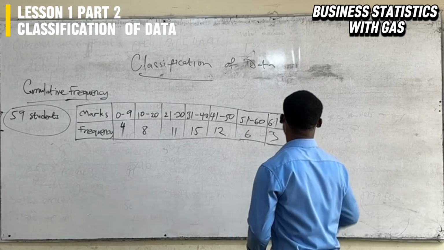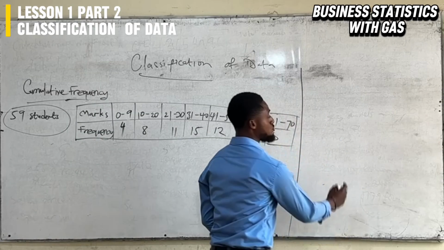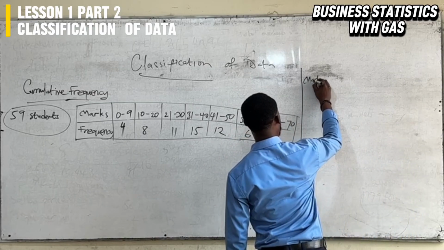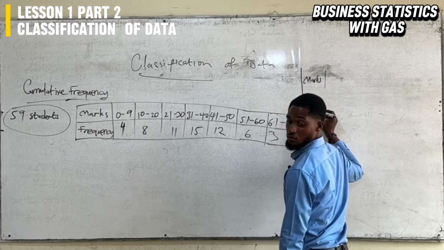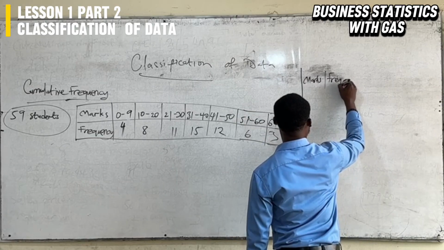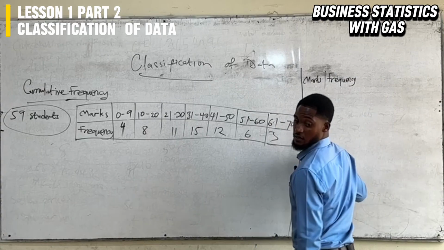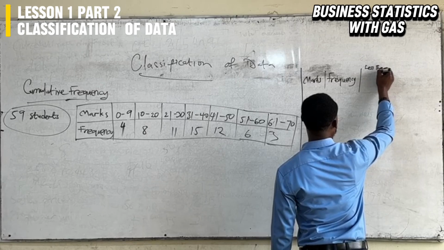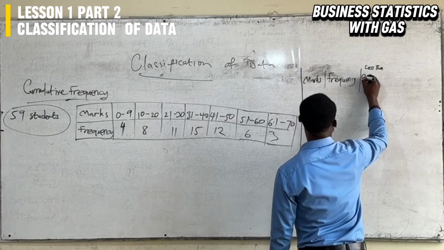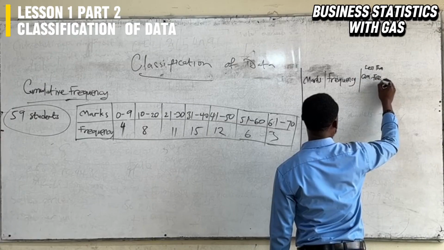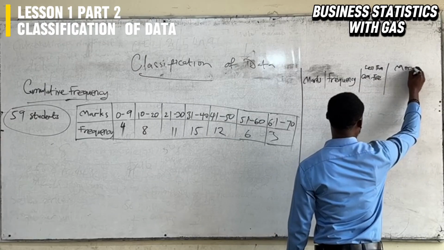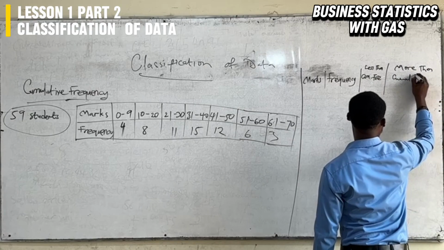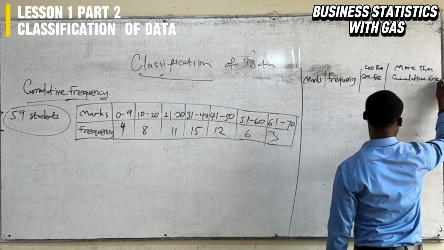We are going to draw our cumulative frequency here, starting with our marks. Then we proceed to our frequency, then to our less than cumulative frequency, then to our more than cumulative frequency.